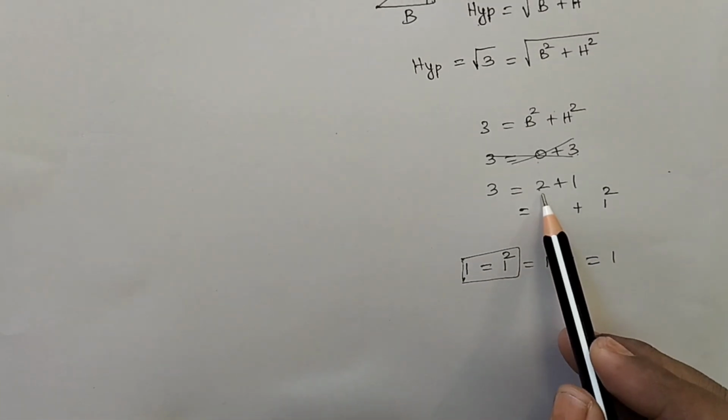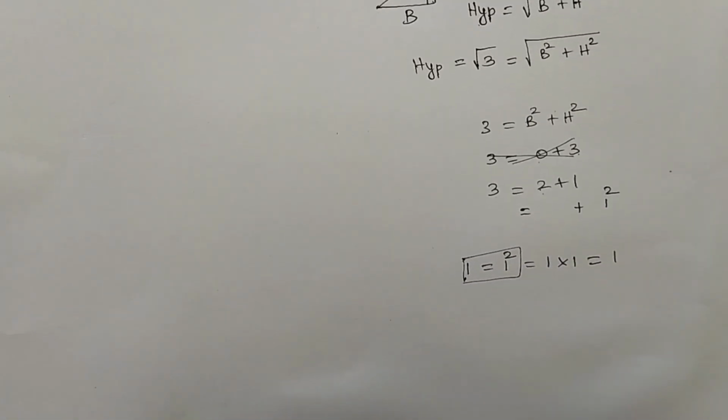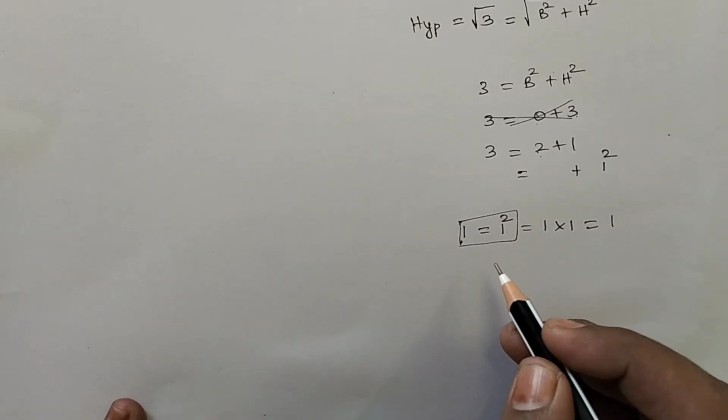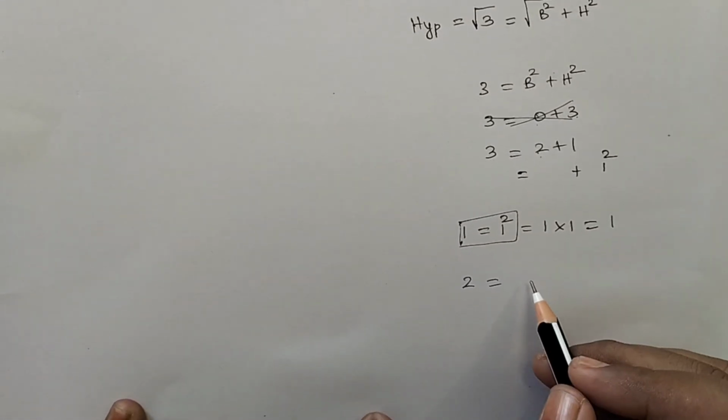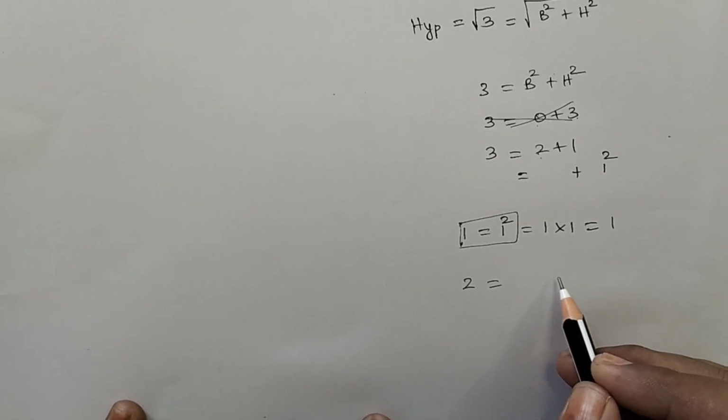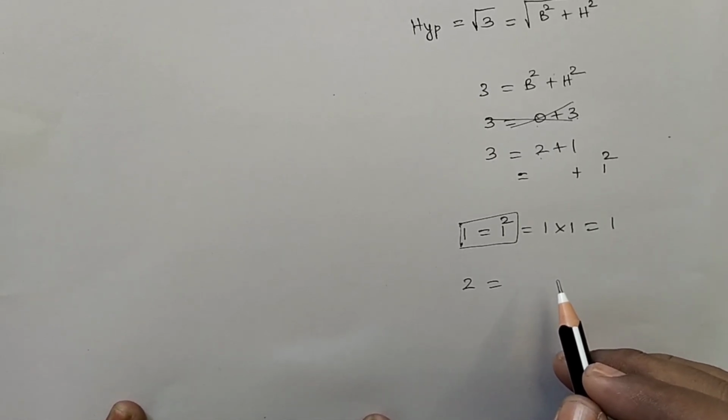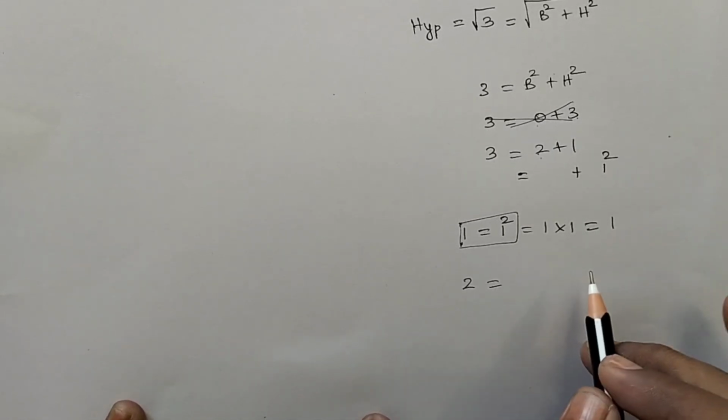Similarly, I have to write 2 in a square format. How can I write 2 in a square format? If I write 2 into 2, it becomes 4, which is not equal to 2.